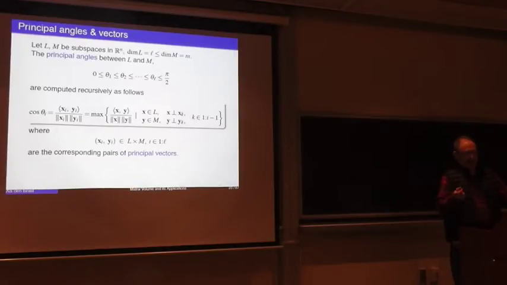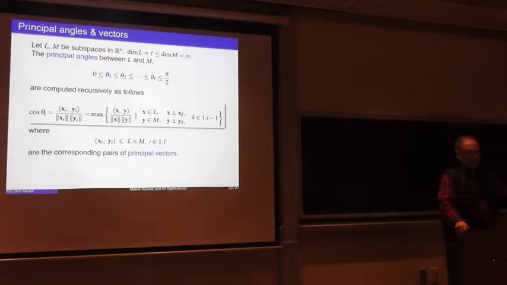Keep them, write down the angle, write the two vectors, and now take all the vectors in L and M that are orthogonal to the previous pair. Keep doing this, find the next angle, and so on. So we find angles that are increasing, and they can go from 0 to pi half. And these are called the principal angles between the subspaces.